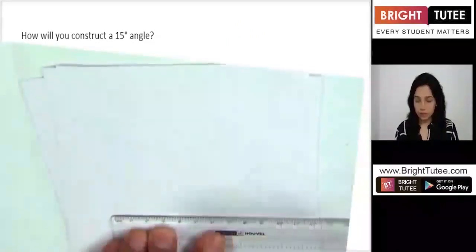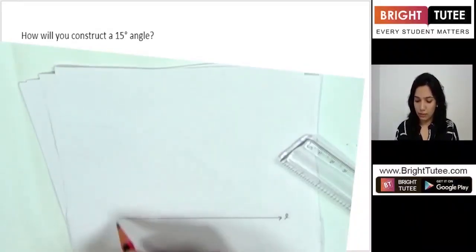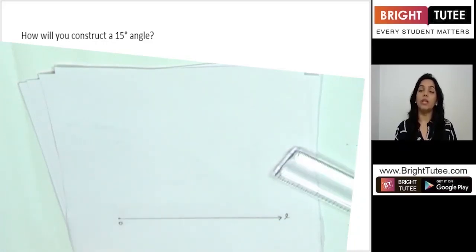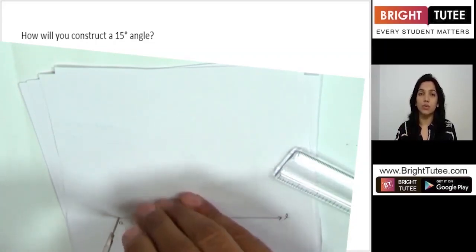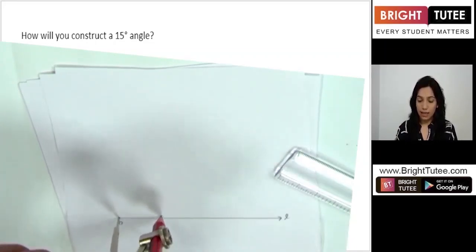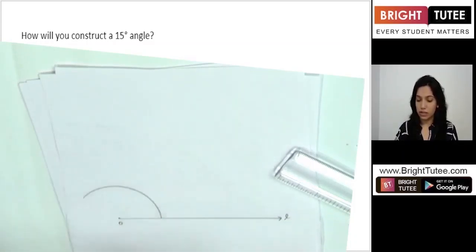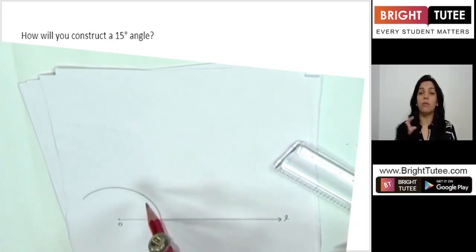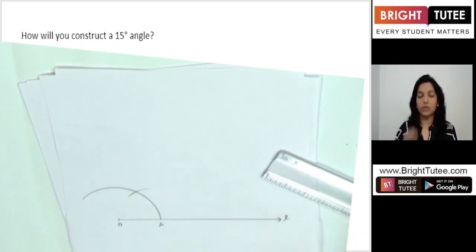So the first thing that we'll do is draw a straight line, say L, and make a point, say point O, on it. Now we'll use the compass, open it to any suitable radius, and make an arc cutting the line L, say at point A. Without disturbing the opening of the compass, we keep the pointer at point A and make an arc cutting the previously drawn arc.